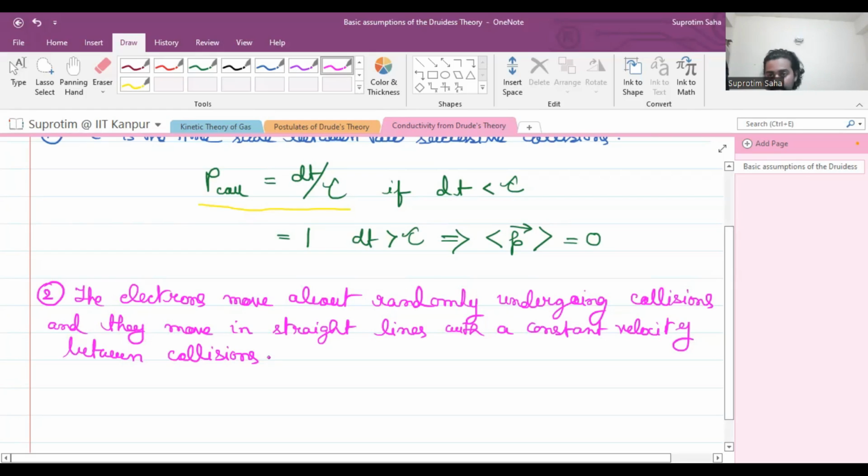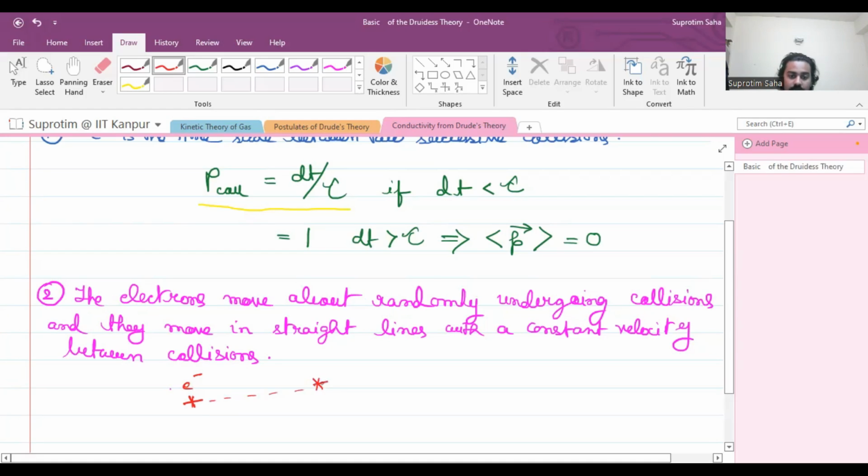And the moment it undergoes a collision, that time is much less than the time it takes between collisions. All right. So the motion is randomized by collisions, but in between two successive collisions, it can be affected by an electric or magnetic field. Suppose the electron undergoes a collision.